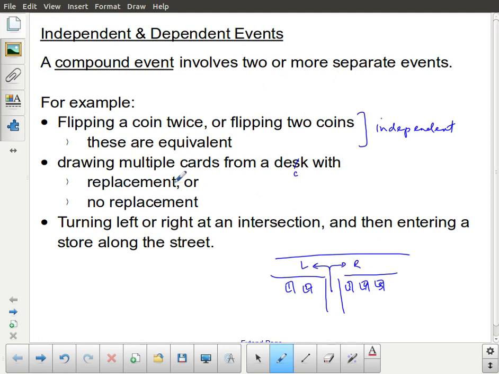If I draw a card and then replace the card, and normally when you see replacement, I think I'll put a note here. A replacement implies a shuffle. So it implies that you're going to put the card back in and then you're going to reshuffle the entire deck. So if you have replacement, then that is independent.